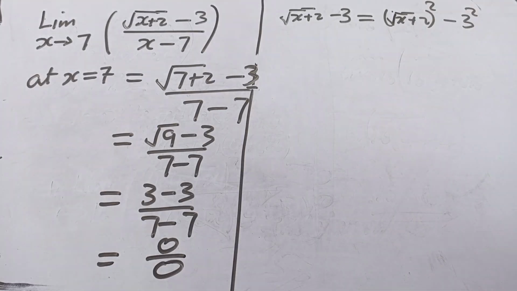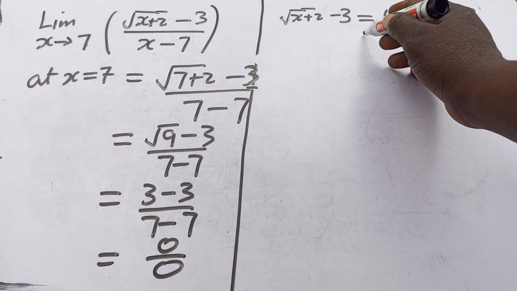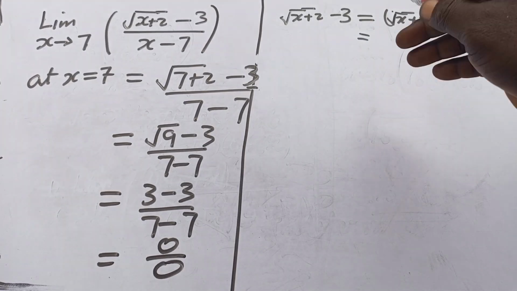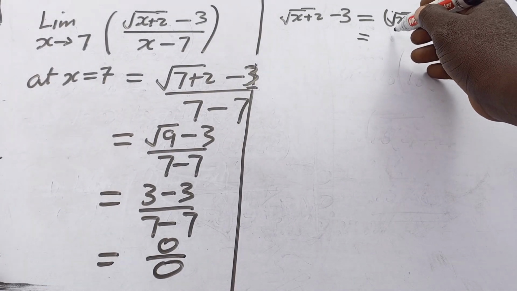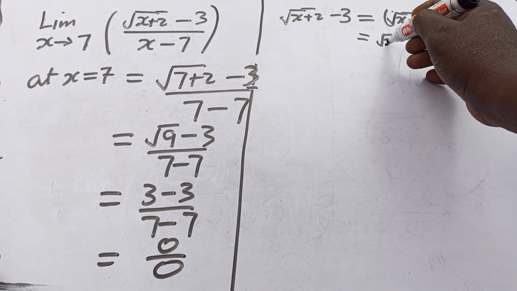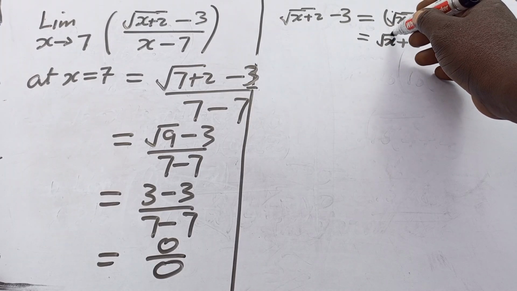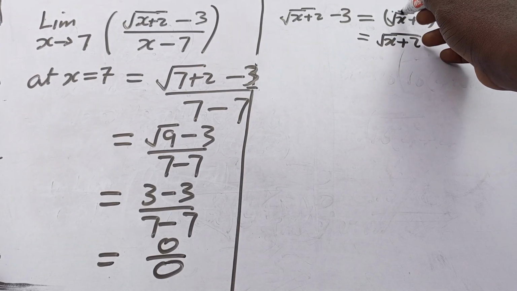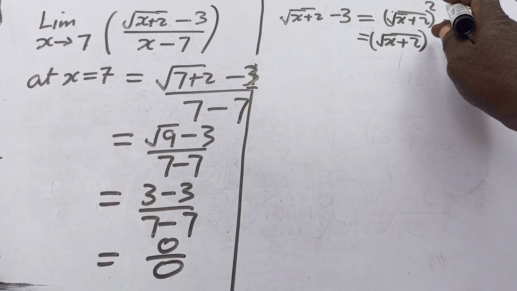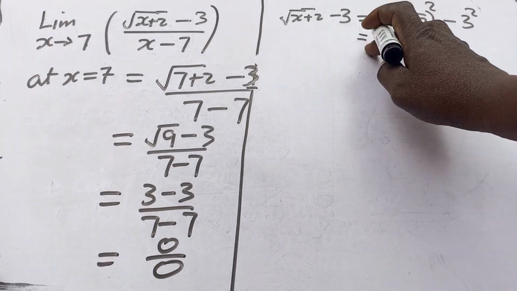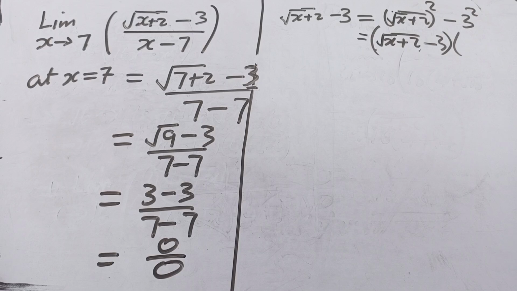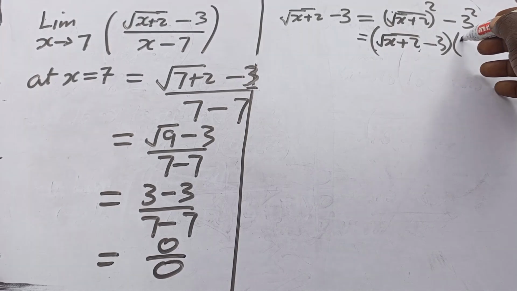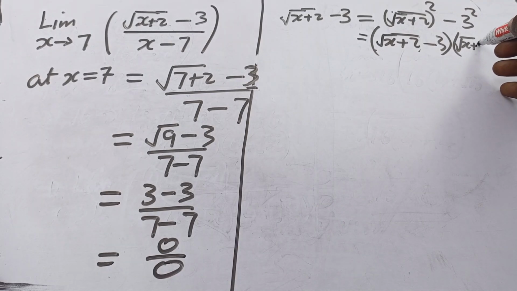Let's develop this difference of squares. When we develop it, we have (root of x plus 2 minus 3) times (root of x plus 2 plus 3).